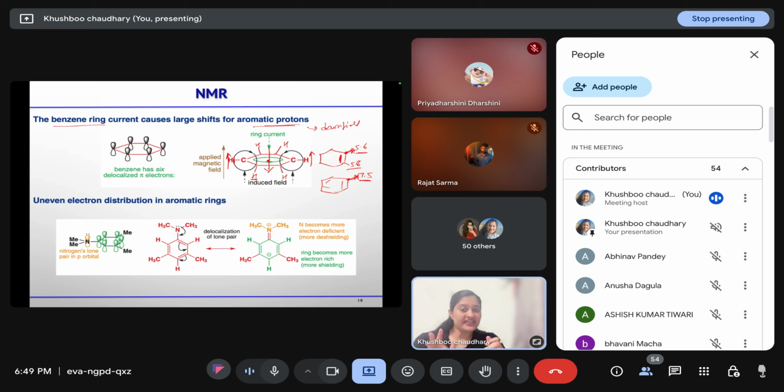This is because in aromatic compounds, when the pi electrons revolve, they create an induced field that at the corners aligns along the applied field, so that proton experiences more magnetic field. That's why it is deshielded.